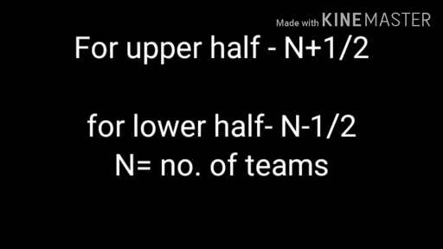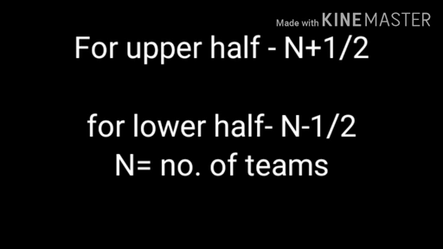Now I will give you one example. If the number of teams is 11, we will divide the teams into 2 halves. For the upper half, we will use the formula n plus 1 upon 2, that is 11 plus 1 upon 2, which is 12 divided by 2. The answer is 6.